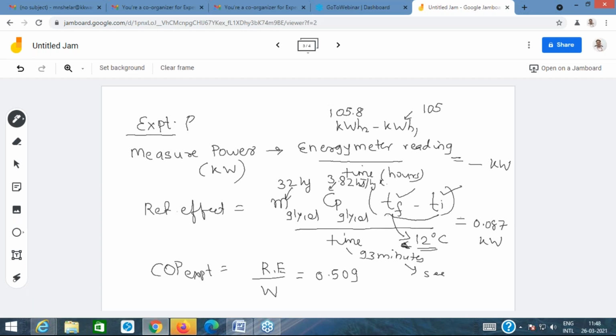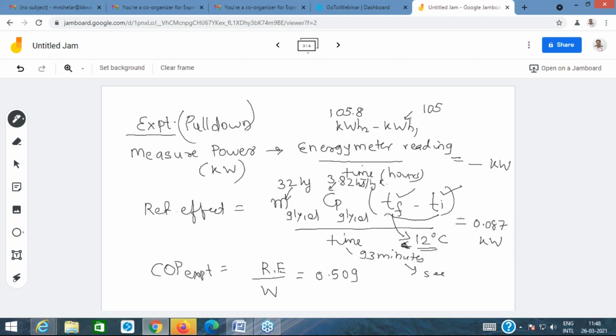If you want to determine the performance of the ice plant experimentally during the pull down test, as I said, your observation table would look like the energy meter reading initial, energy meter reading final, then the temperature of the glycol initial, temperature of the glycol final.